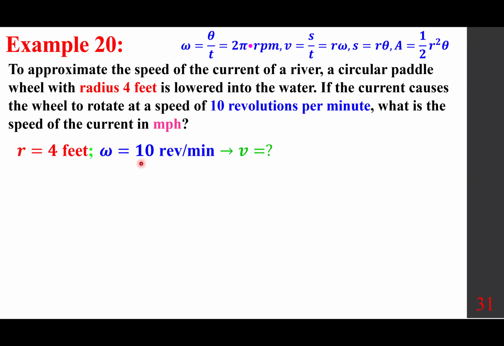And the very first thing we need to know is that omega has to be in radians, so this has to be multiplied by 2 pi. 2 pi times 10 gives us 20 pi radians per minute.